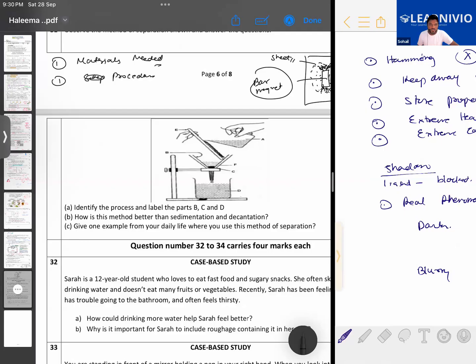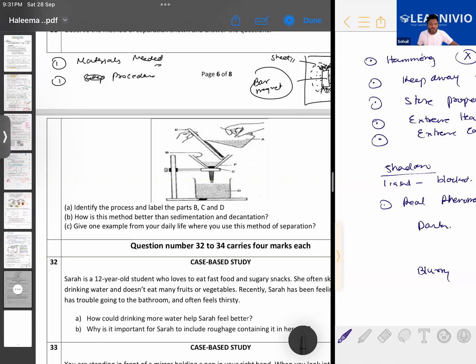Part B is the conical flask, C is the filter paper, and D is the glass beaker. You have to identify the parts. B here is the conical flask, C here is the filter paper, and D here is the filtrate beaker. Understood this?